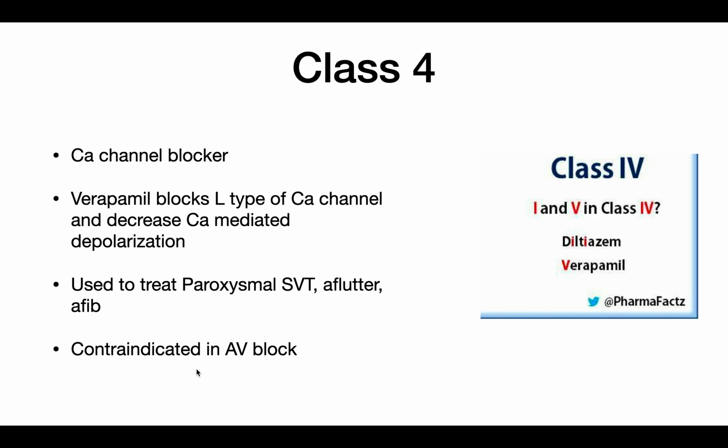Of course, it's going to be contraindicated in an AV block because the calcium channel is needed to conduct the action potential. Also, we have to be careful with this. We absolutely do not give this with thiazides because the thiazides will lead to hypercalcemia. This is already a calcium channel blocker. Bad news.